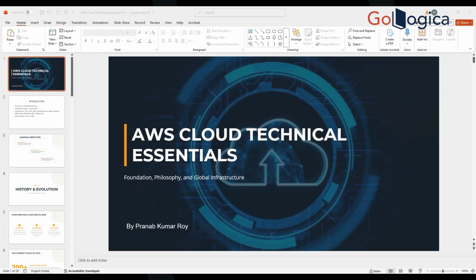So that is the scale of AWS now. They have grown into a giant, providing cloud services across the globe, with over 200 services. When they started in 2006, it was just two or three services, and now in two decades they have grown into more than 200 services and a global leader.